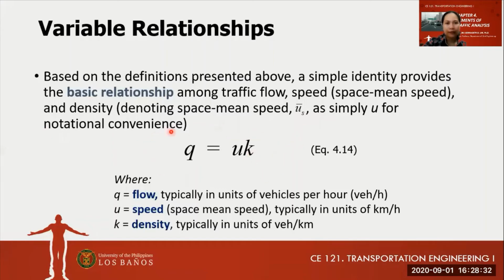Now, this is the relationship between the three: the flow, speed, and density. Flow is equal to speed times density. Flow is in vehicles per hour, speed is in kilometers per hour, and density is in vehicles per kilometer.